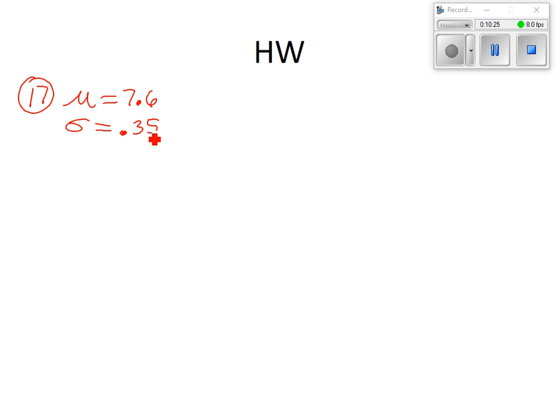Random samples of size 12 are drawn from the population and the mean of each sample is determined. So our n is 12.